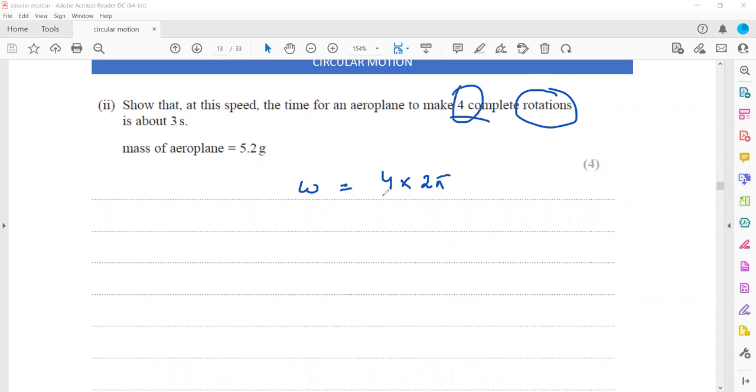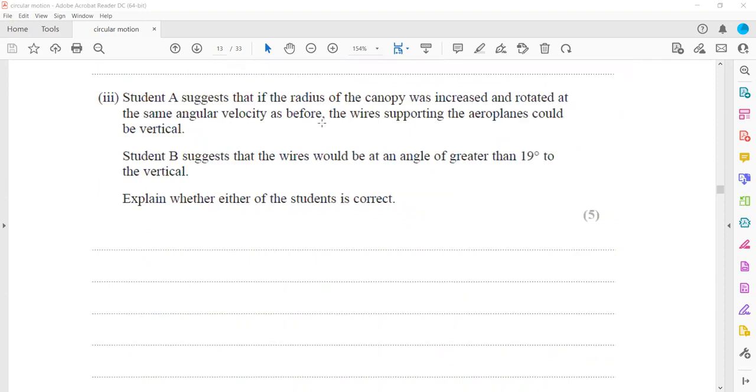So 4 into 2 pi divided by time, and we already have omega, which is 7.9 radians per second. So the time for 4 complete rotations is 4 into 2 pi divided by 7.9. This will give us 3.2 seconds. So it will take about 3.2 seconds to complete its 4 revolutions. If it was for 1, then omega would equal 2 pi divided by t.